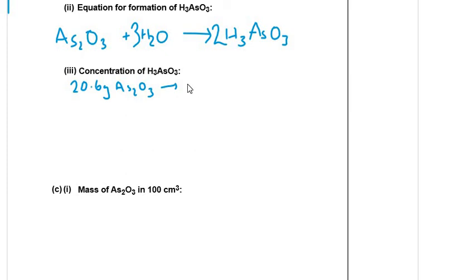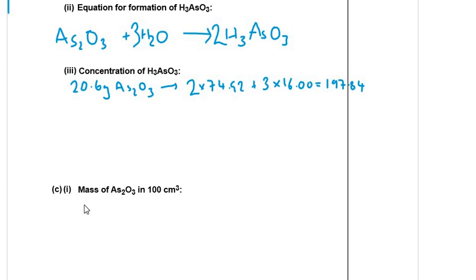And using the periodic table included at the end of the paper, we should know that the arsenic has an atomic mass of 74.92. And we're going to add to that the oxygen, which has an atomic mass of 16, for a grand total of 197.84, the relative formula mass there.